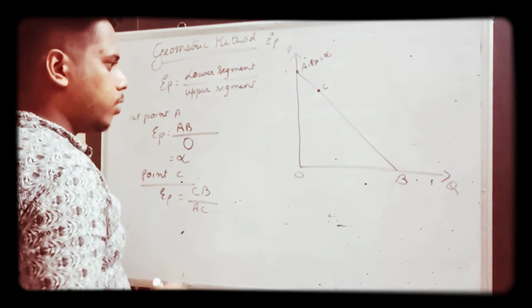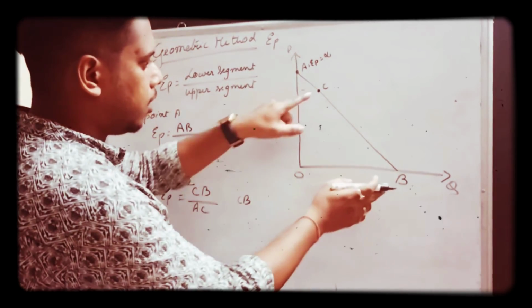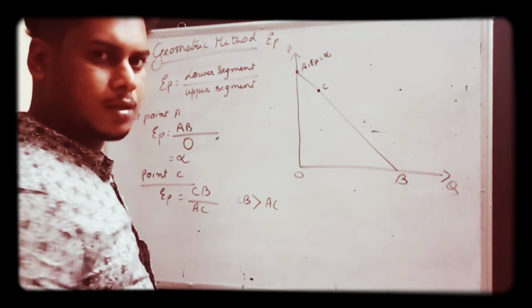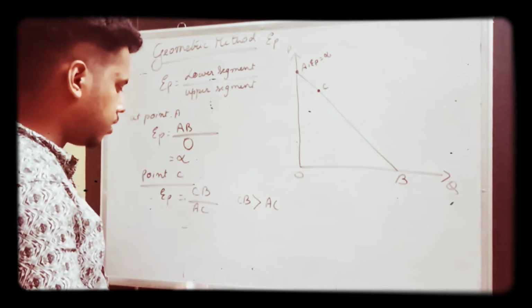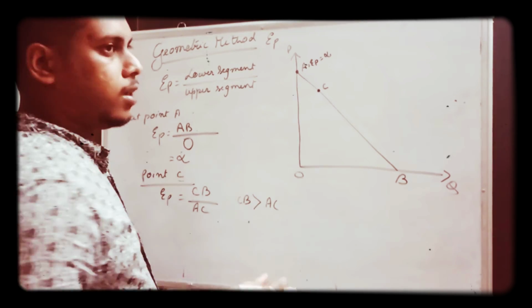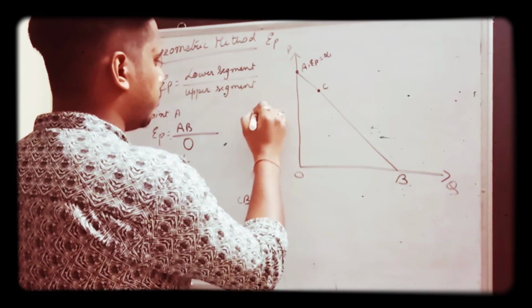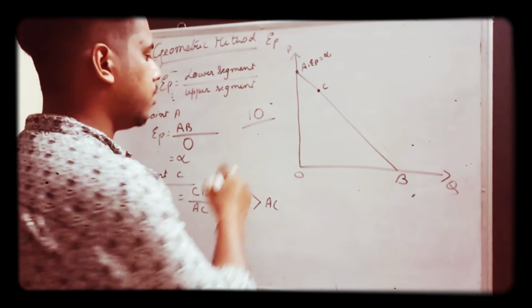Now what do we see over here? CB, the lower segment, is obviously greater in size compared to AC. That means the numerator is greater than the denominator, so obviously the value will be greater than 1. Say we consider a numerator 10 and a denominator 5.